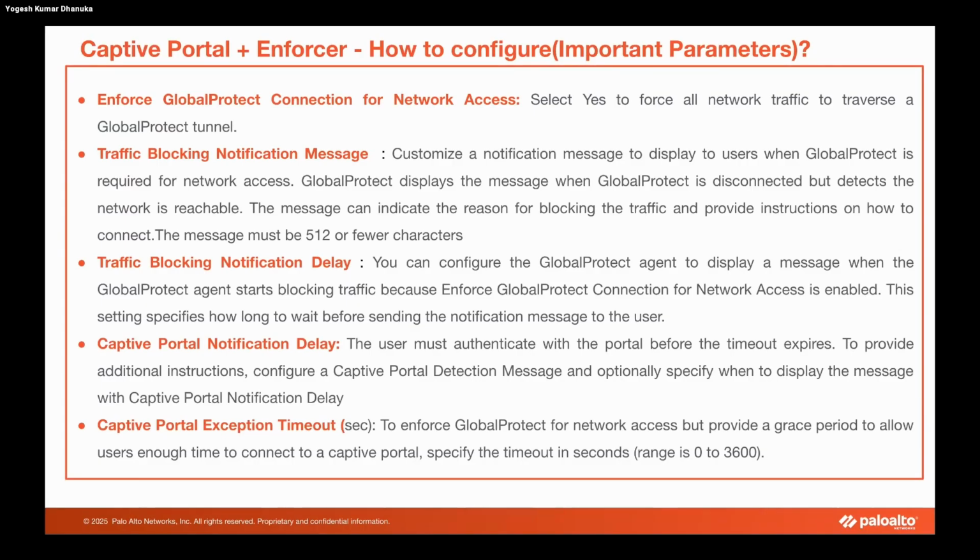So once the captive portal is detected, the GP starts a clock of 10 minutes, and within that 10-minute time, the user is expected to go to the captive portal login messaging on the Wi-Fi and try to connect to a website. It will redirect you, enter your details, get authenticated, so that the machine has internet. Once the machine has internet, then there should be no problem, because then the GP would be able to connect.